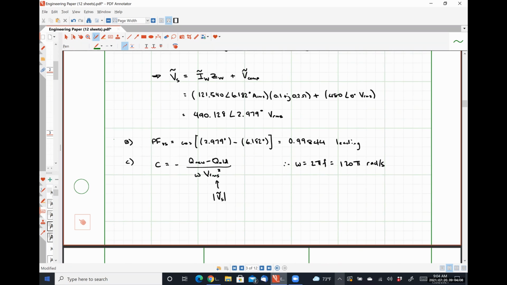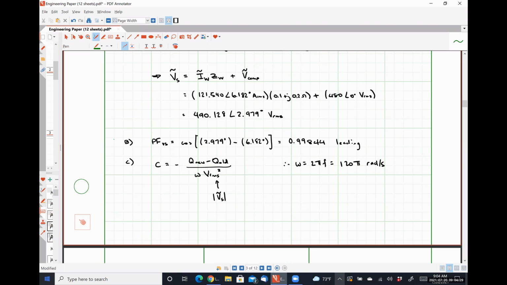So we have two other things that we don't yet know, Q new and Q old. I would argue that we do know what Q new is. Since we're aiming for a power factor of 1, what does Q new have to be? 0, right?